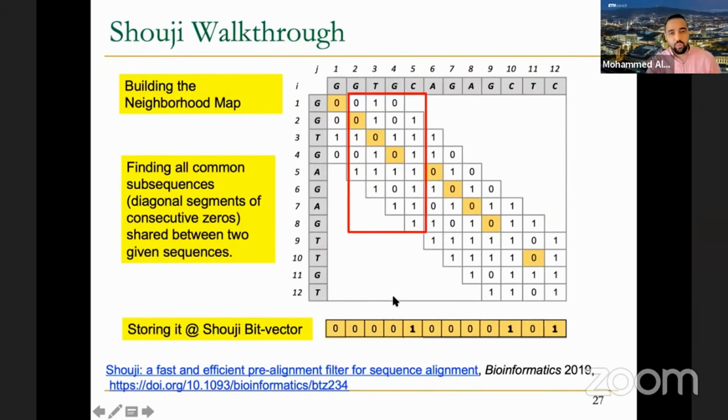And this is where we reduce the number of zeros, and we have a few ones stored over there representing the ones we got from the diagonal that has the largest number of zeros. Again, these zeros are not necessarily consecutive. And this is what we got in the final bit vector.